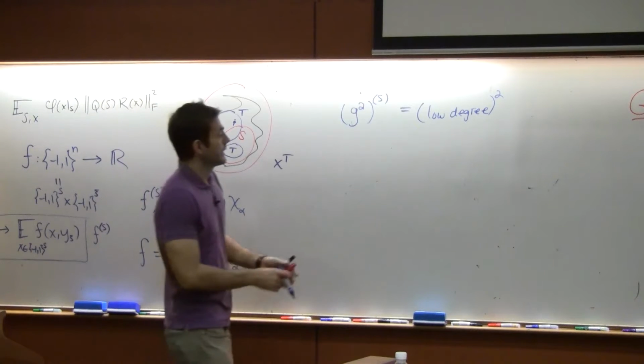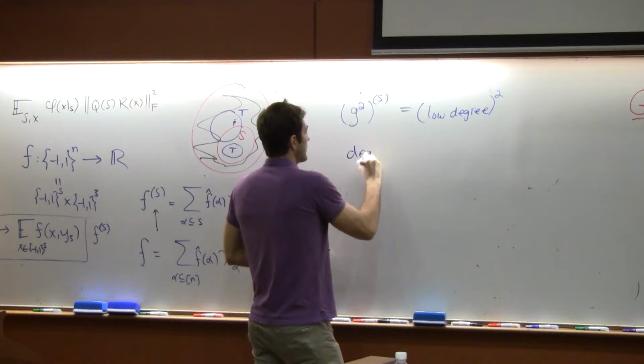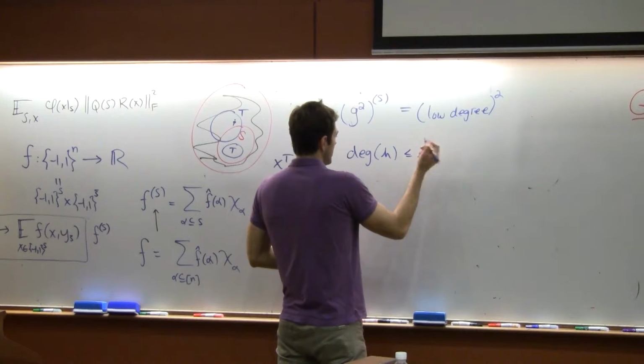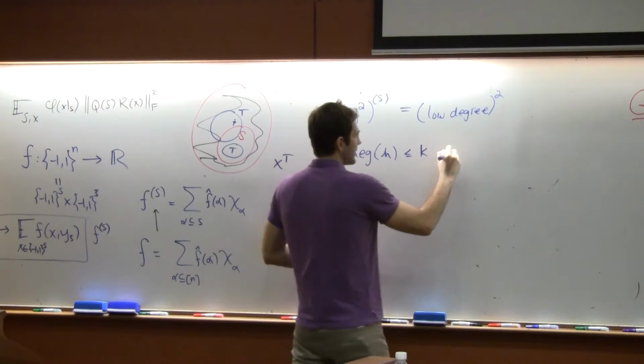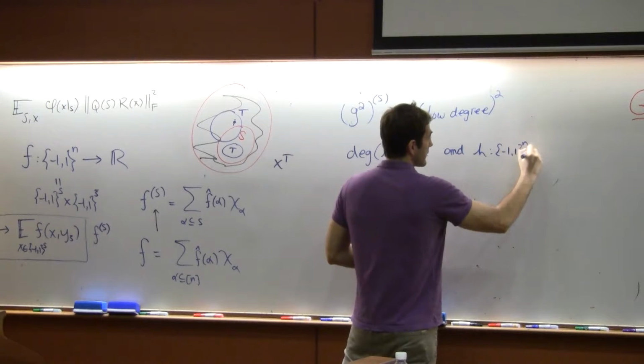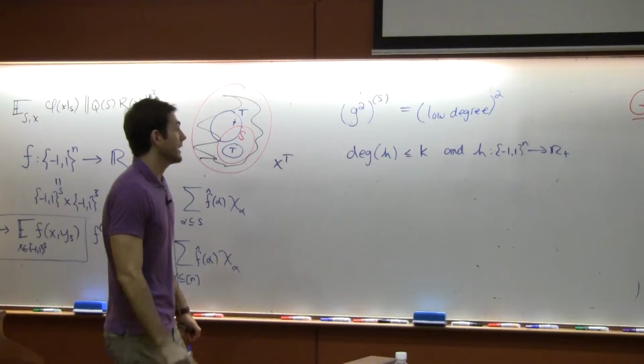The problem is that if I have a polynomial h of degree at most k, and let's say I even know that it's non-negative everywhere, what can you conclude?